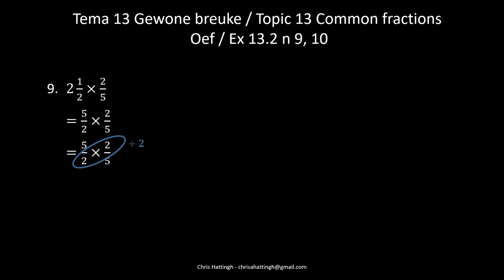So if you divide 2 by 2, you get 1, and divide the other 2, you get 1. So your next step will be 5 over 1 times 1 over 5. Now you can simplify with the 5s by dividing by 5. So you'll find that it is 1 over 1 times 1 over 1, which is 1 times 1.